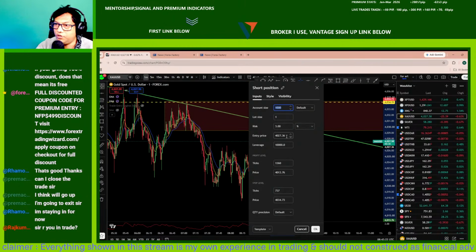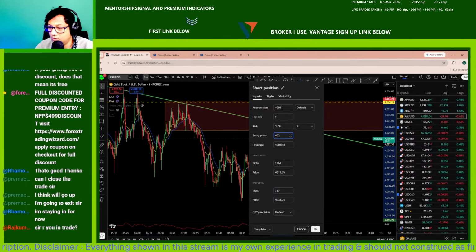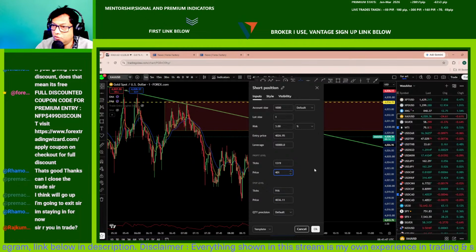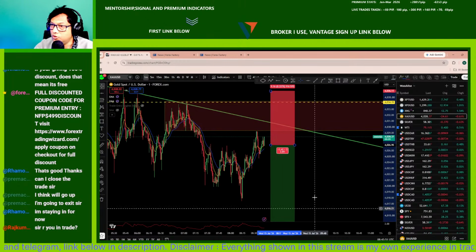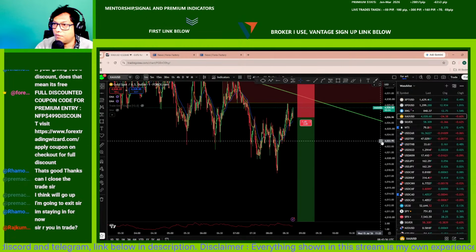So the entry here will be 4026.95. Stop level I'm putting at 4036.11, and profit level is 4001.24. So that's my current trade setup here for another sell of this market.